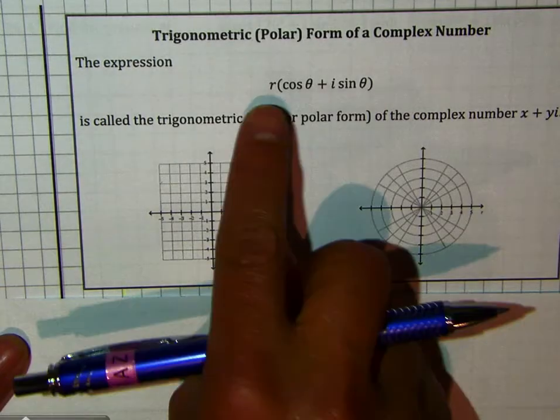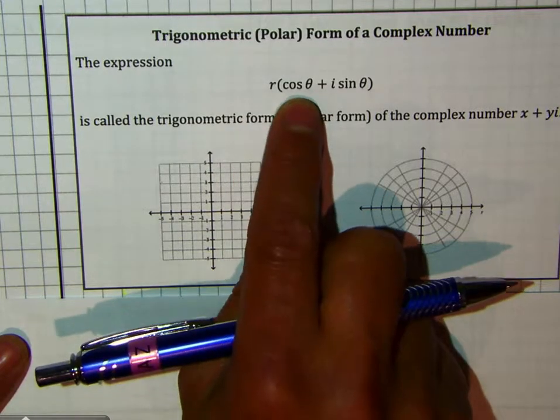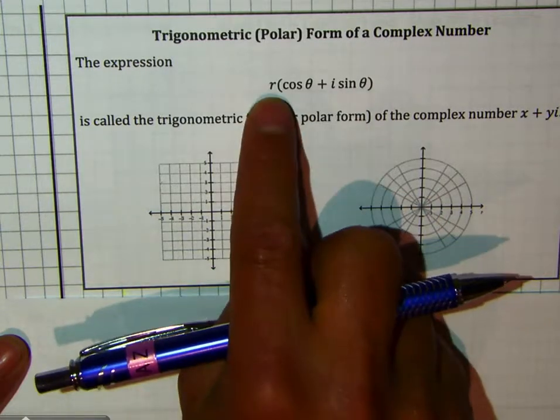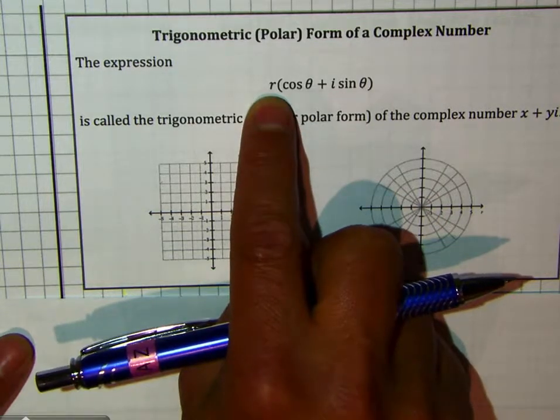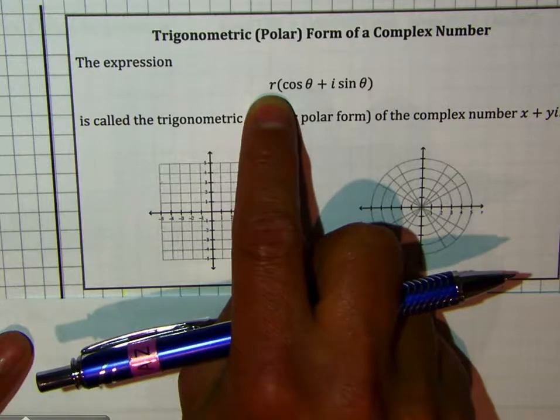So remember that R is the resultant, cosine of theta, i sine of theta. Where R used to be your magnitude, now we call that resultant. Sometimes they call it a radius, but that will be in the next section.